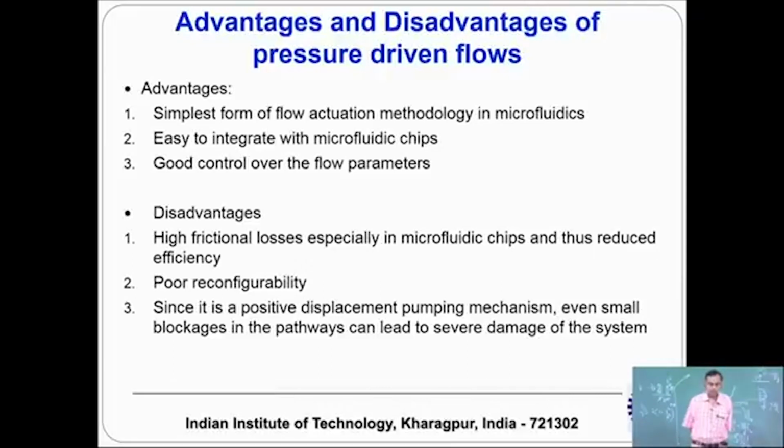But this has disadvantages also. For example, the primary disadvantage is high frictional loss, especially in microfluidic conditions, where the head loss is inversely proportional to the fourth power of the diameter. If the diameter becomes very small, the head loss becomes very large.